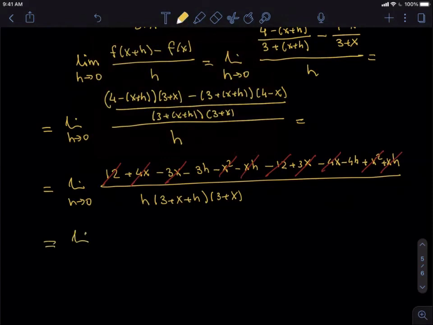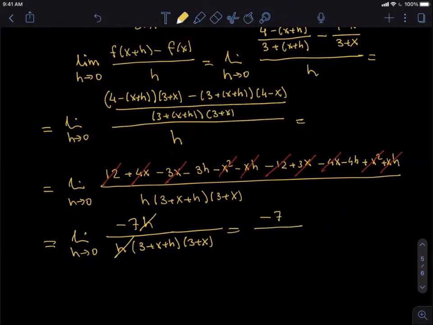So we are left with minus 7h divided by 3 plus x plus h, 3 plus x. Okay, so the h simplifies, and the limit we can do now is negative 7 divided by 3 plus x squared. And this is the formula for the derivative.